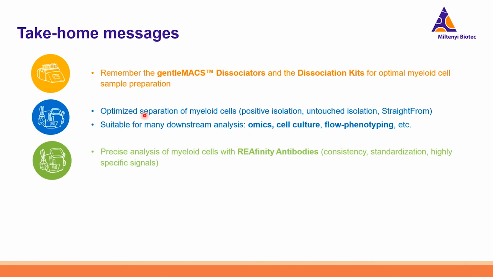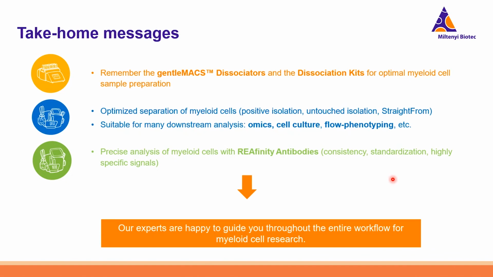We also have our optimized separation solutions: positive isolation, untouched isolation, as well as the straight-from solutions, which are suitable for several downstream analyses, omics, cell culture, flow phenotyping, and so on. And also our REAfinity antibodies that guarantee consistency, standardization, and highly specific signals. And most importantly, our experts are happy to guide you through the entire workflow for your myeloid cell research.